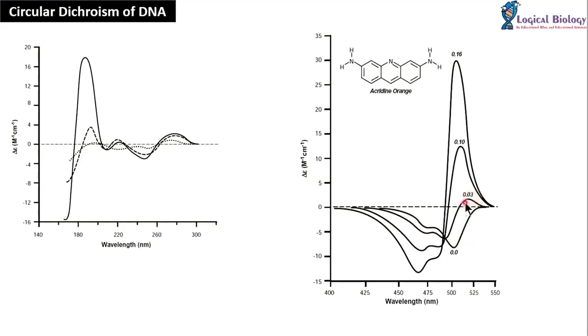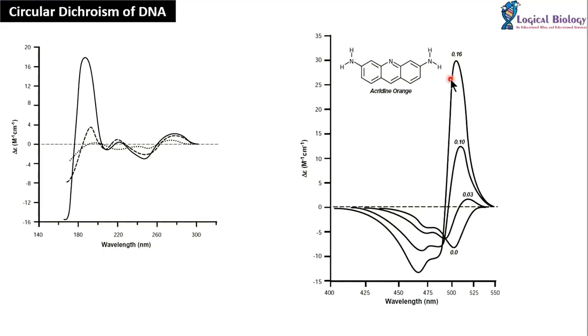At 0.03, the binding of acridine orange with the DNA is increasing, so we can say the ellipticity is increasing, or the circular dichroism is increasing. More concentration of acridine orange bound with DNA means more circular dichroism, and very high circular dichroism if we have very high binding of acridine orange. So based on binding of acridine orange, we can say the circular dichroism is increasing.